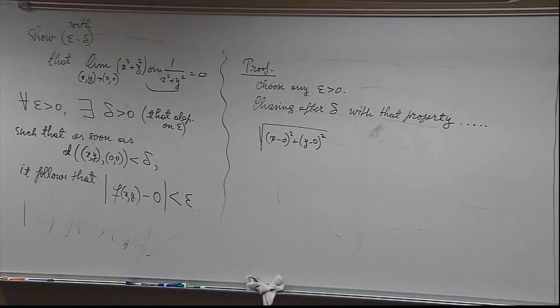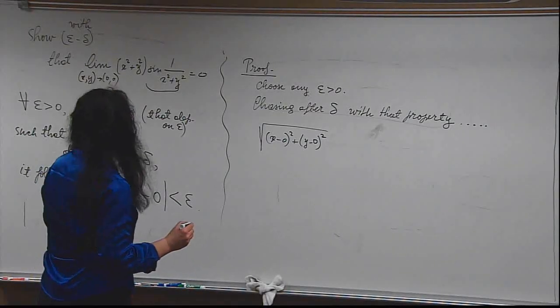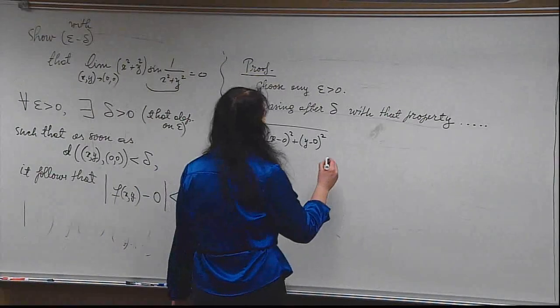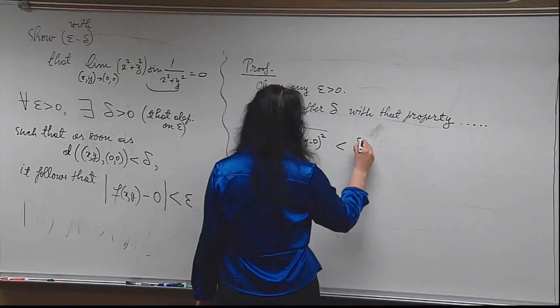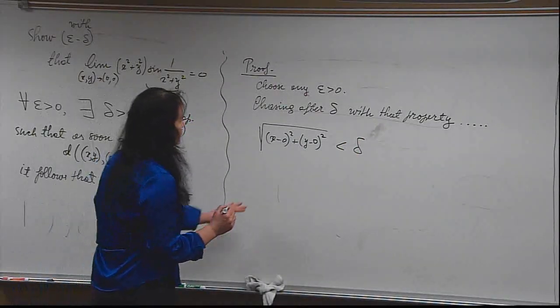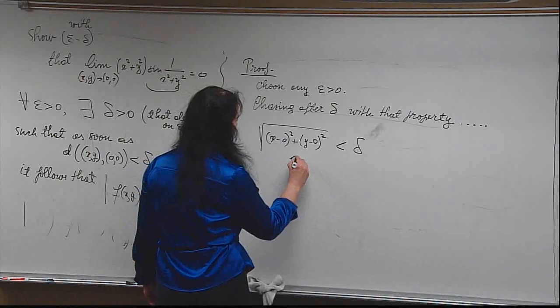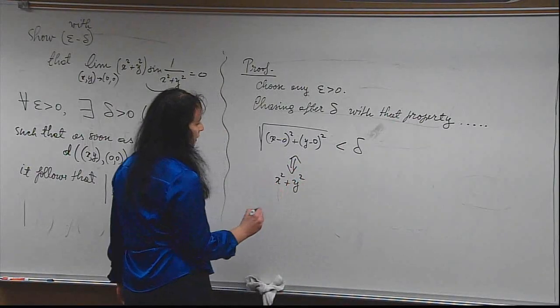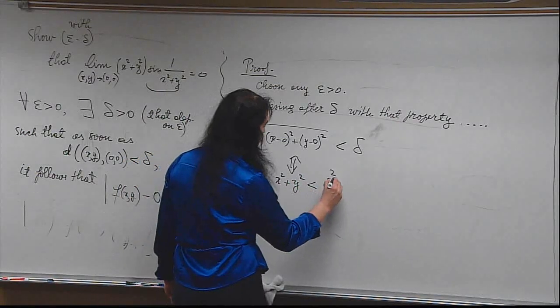Yeah. So square root of this plus square root of that less than delta. That means what? If and only if x squared plus y squared is less than delta squared.